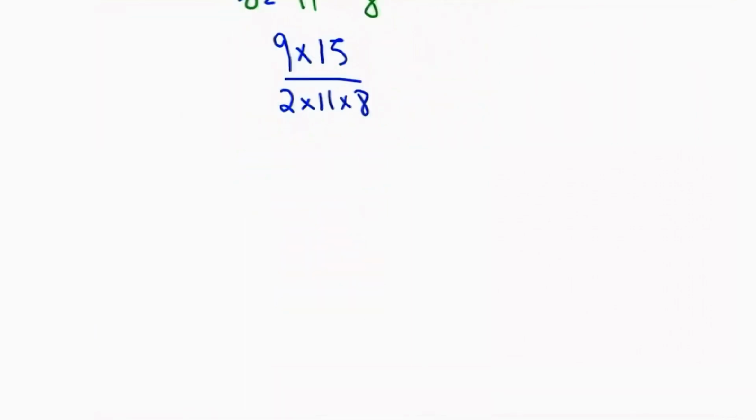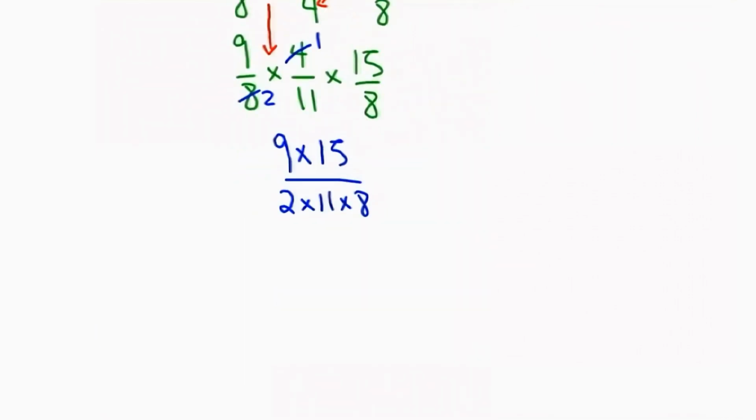And this gives us 9 times 15 is 135, and 2 times 11 is 22.